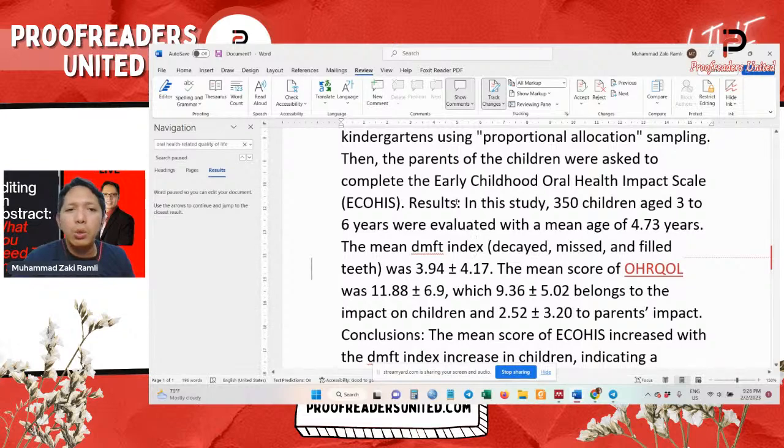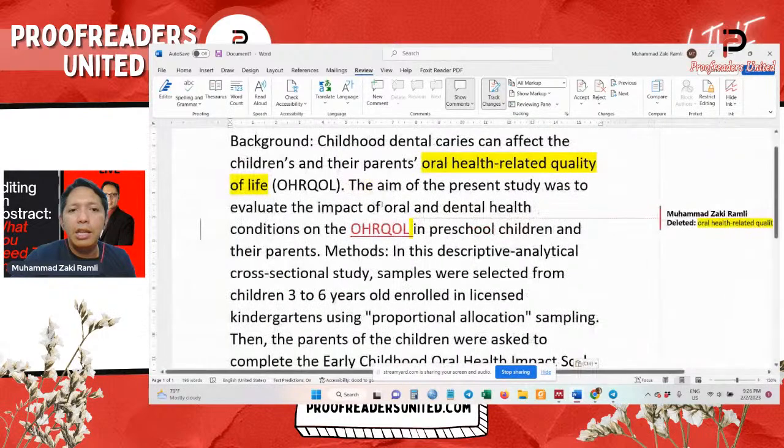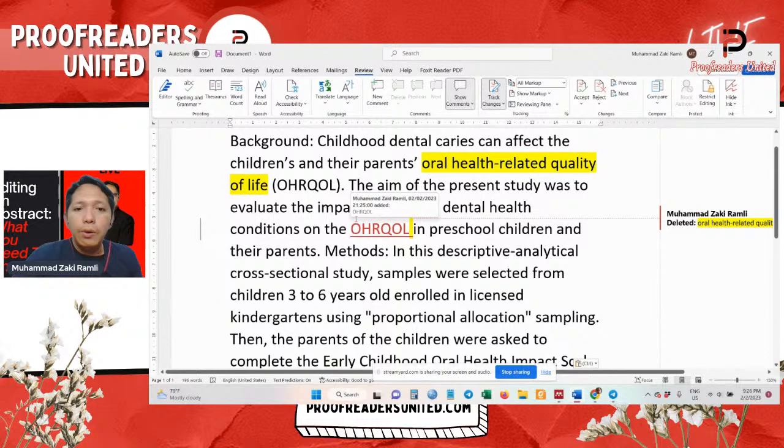But I'm not really sure why the authors of the article did not use the abbreviation, although in the field of pediatric dentistry the term is quite, not to say famous, but widely used.